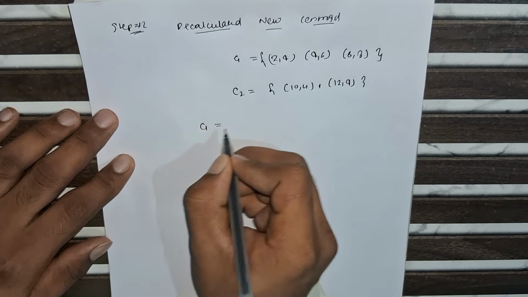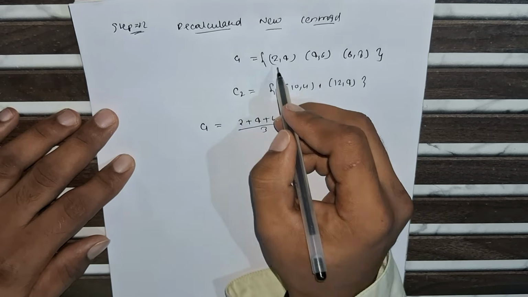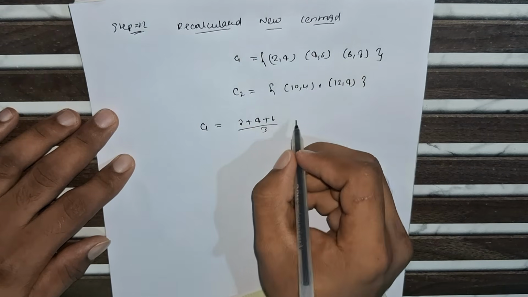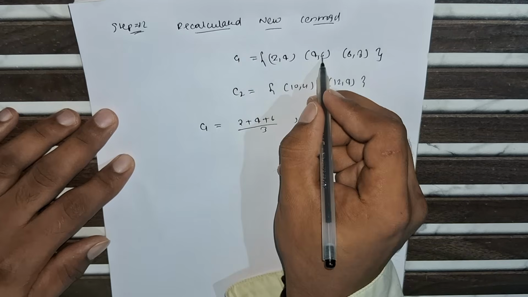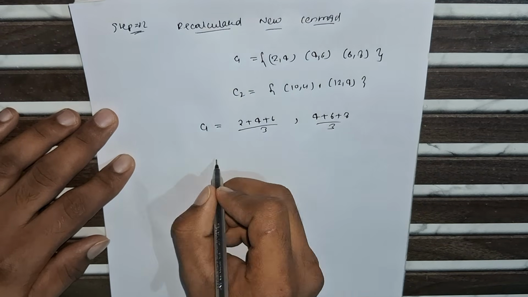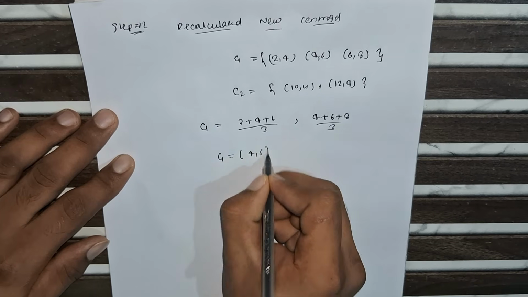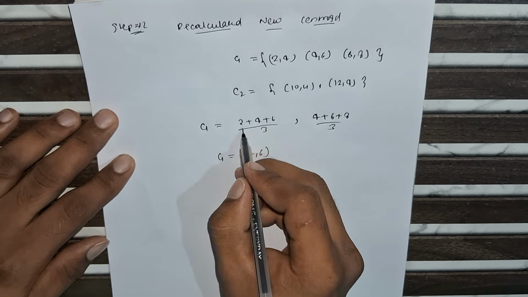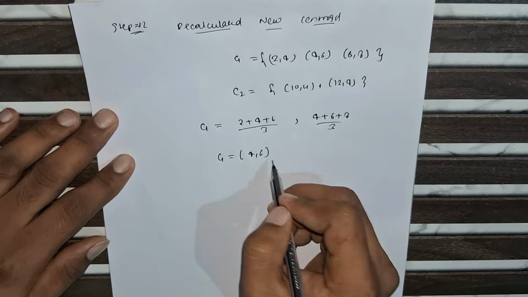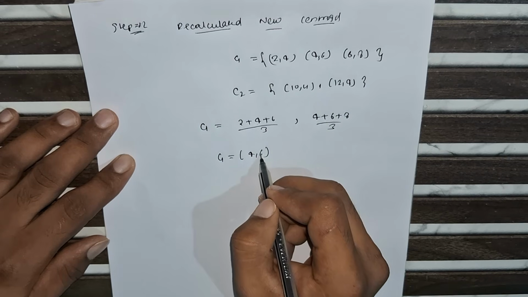For C1, our new centroid is 2 plus 4 plus 6 divided by 3, meaning x1 plus x2 plus x3 divided by 3, comma y1 plus y2 plus y3 divided by 3, meaning 4 plus 6 plus 8 divided by 3. So our new centroid C1 becomes 4 comma 6: 2 plus 4 plus 6 is 12, divided by 3 is 4, and 4 plus 6 plus 8 is 18, divided by 3 is 6.